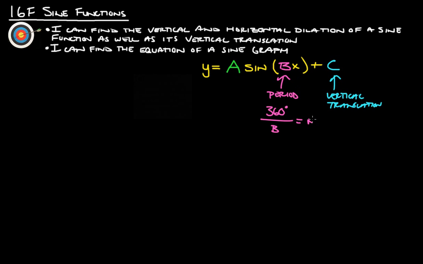That's how long it's going to take. That's going to be your horizontal dilation, so it affects the period. And then the a here simply affects the amplitude. It affects whether it goes up higher or lower, basically the distance between the principal axis and the max, or the principal axis and the minimum. So the a here affects the amplitude.